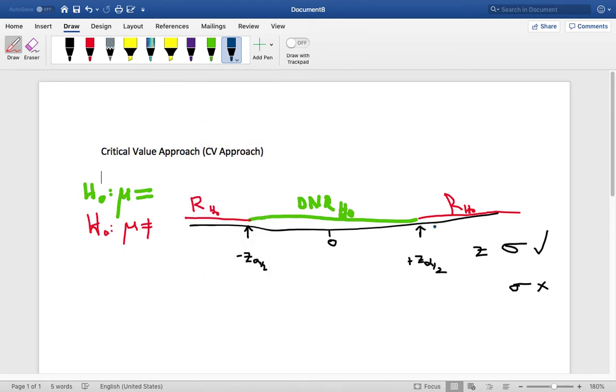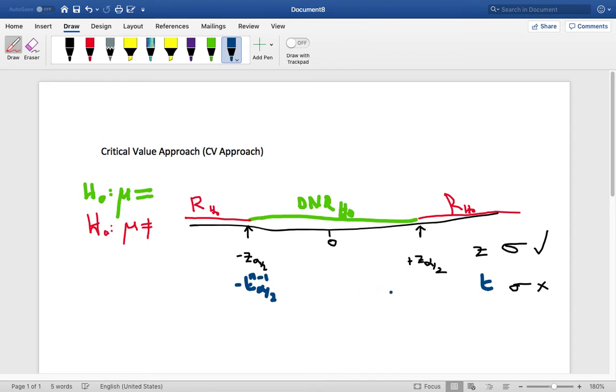So if the population standard deviation sigma is not known, then we have a t distribution, and our critical values are going to be minus t of alpha over 2, with, remember, n minus 1 degrees of freedom.